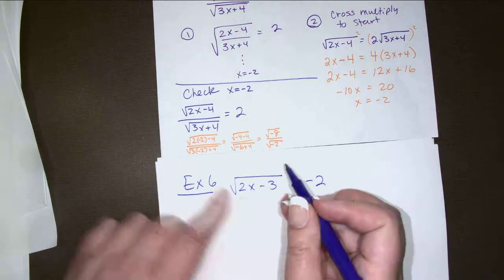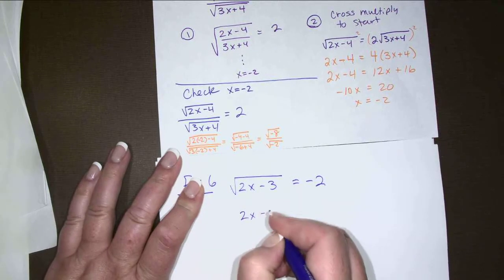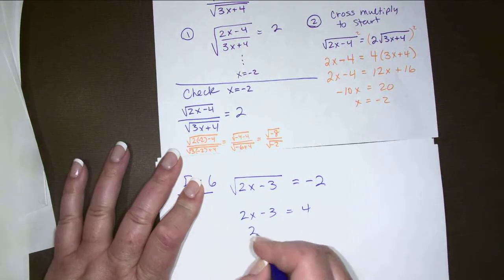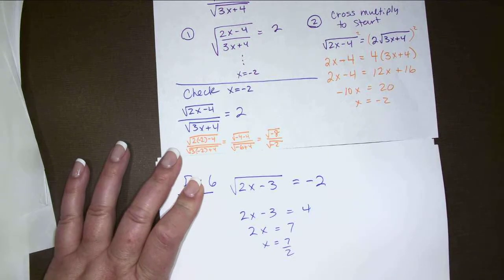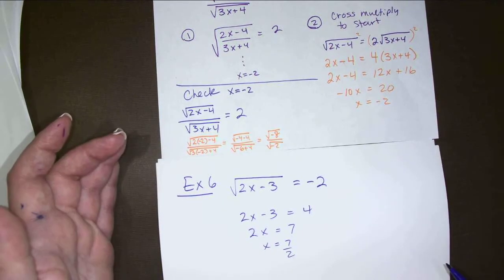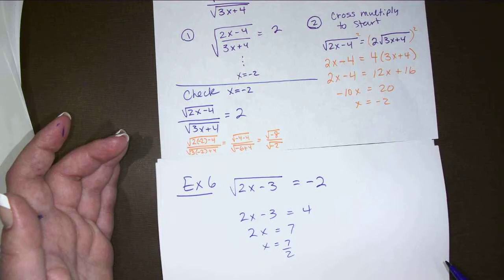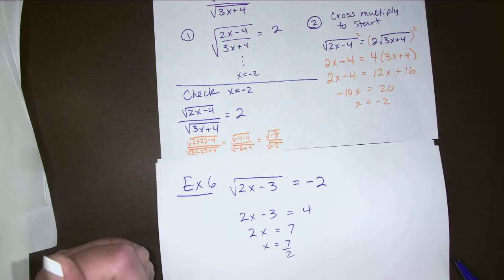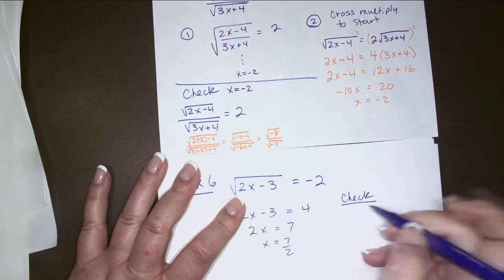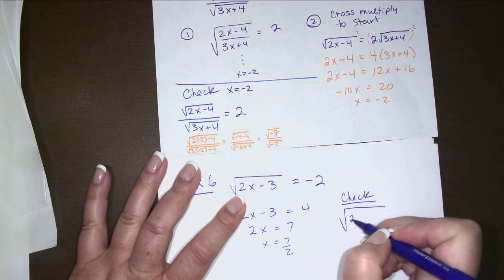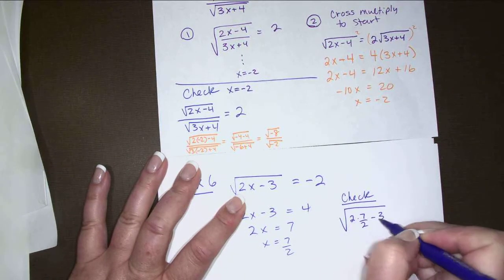If you solved it, so this is inadmissible, but you would find that even if you didn't notice in the beginning, you don't have to notice these things, but if you plugged it in, it won't work when you go to check. This is what we will get: 2 times 7 over 2 minus 3.